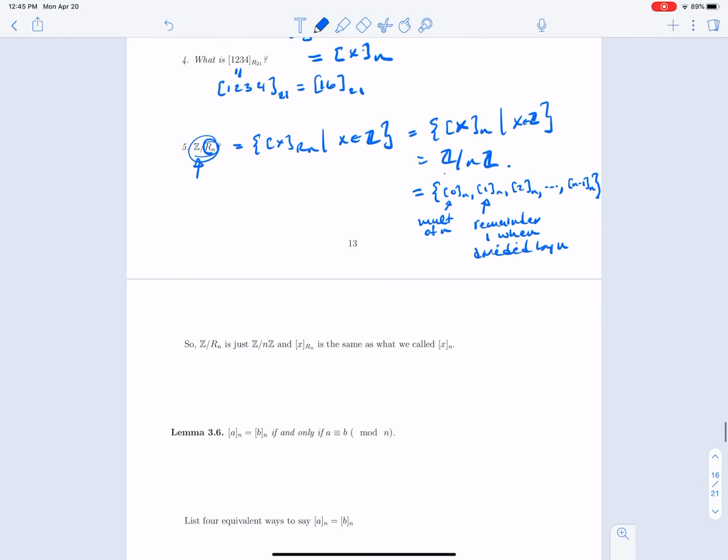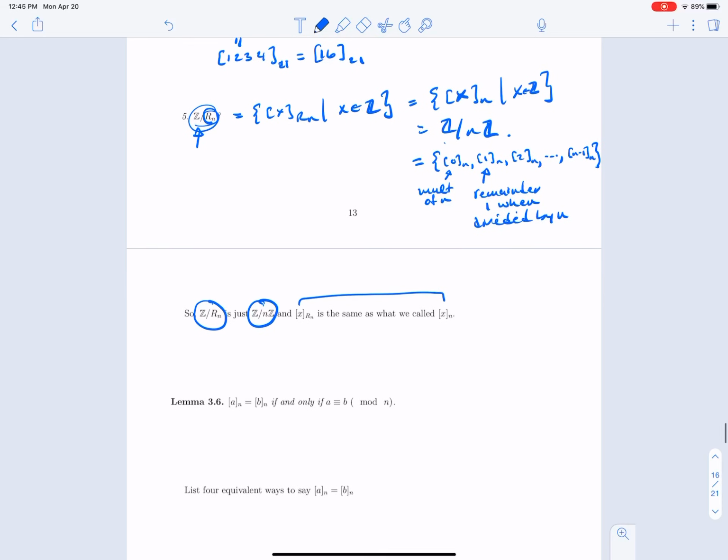Okay. So when we look at the integers modulo the relation Rn, we get nothing other than Z mod nZ, and that's because these two things are the same. And so what are these two things? These are simply the set of all x mod n, which is the same thing as x mod Rn.